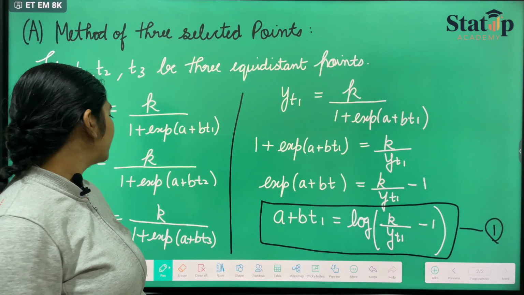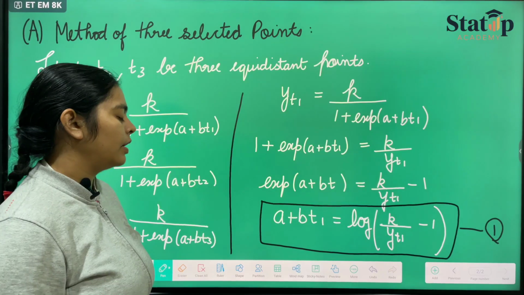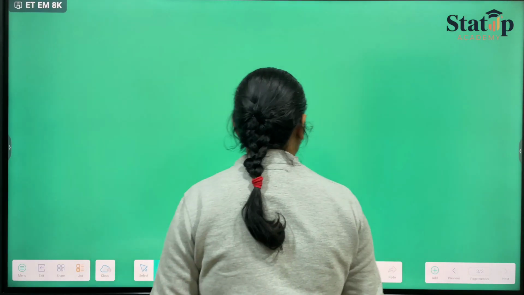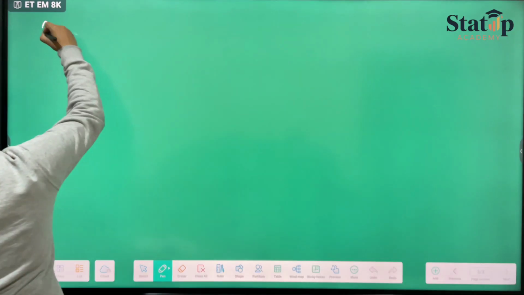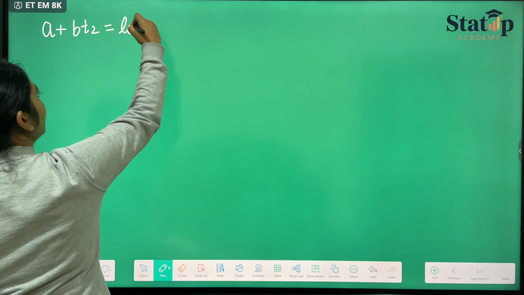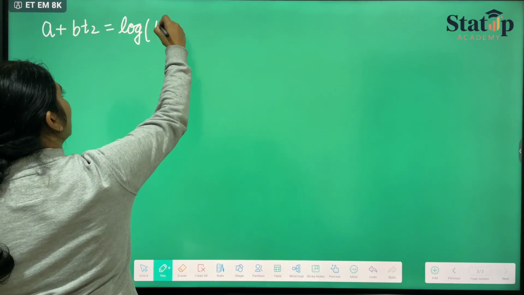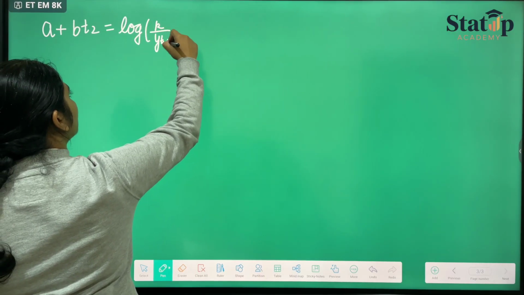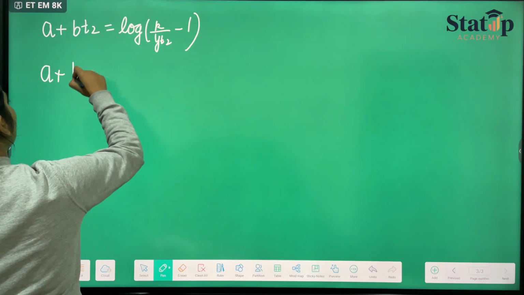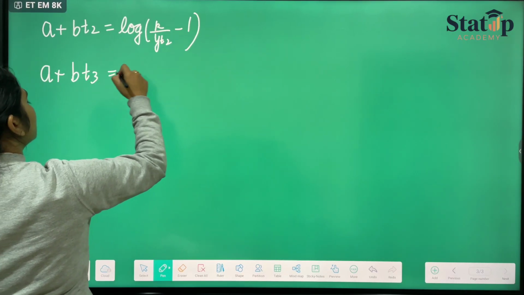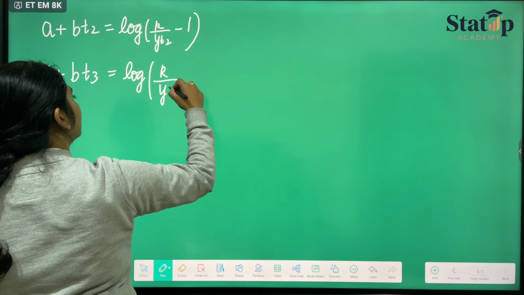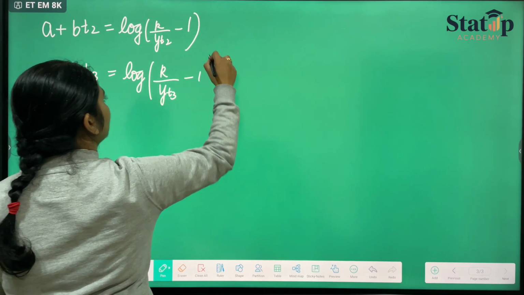Now similarly we can get the equations for yt2 and yt3. So for yt2, a plus bt2 is equal to log of k upon yt2 minus 1, and for yt3, a plus bt3 is equal to log of k upon yt3 minus 1.